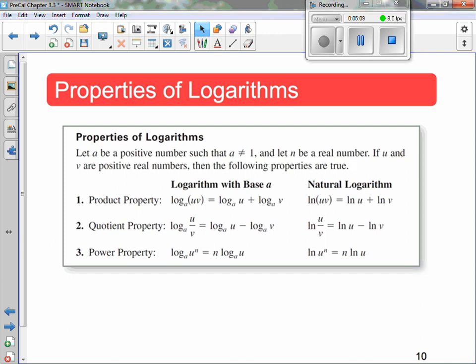If we have the log of any two things multiplied together inside the log, it's the same as adding the logs. Log of m times n is the same as log of m plus log of n.